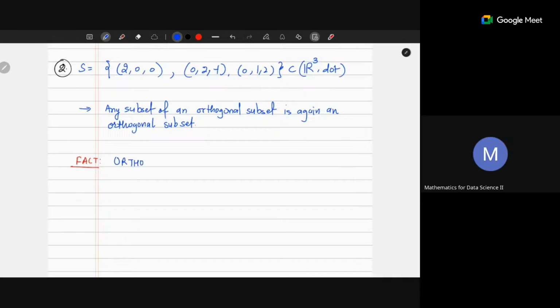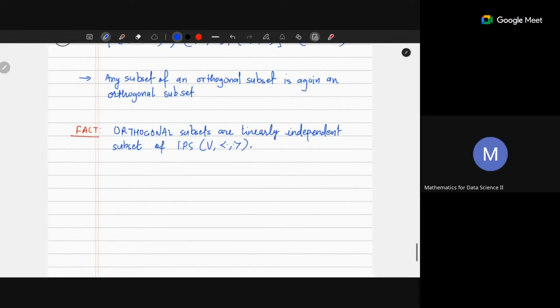Orthogonal subsets are linearly independent also, in an inner product space.